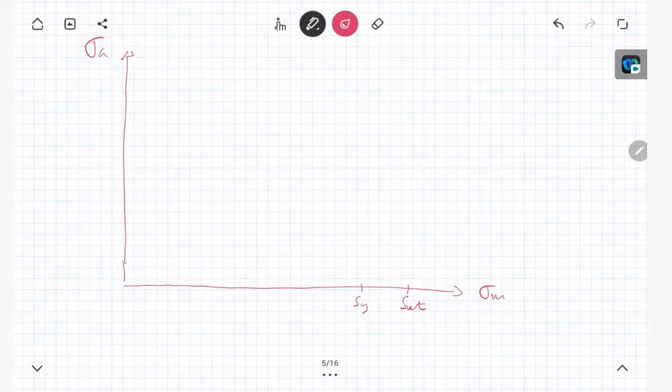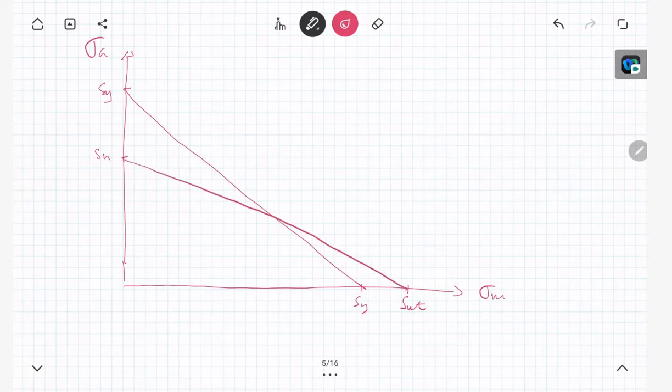So kita ada sini pun yield strength. So di sini kita ada downward, kita ada endurance limit. Okay, this is the guarding line for yielding. So this is the guarding line for fatigue. Okay, this yielding.